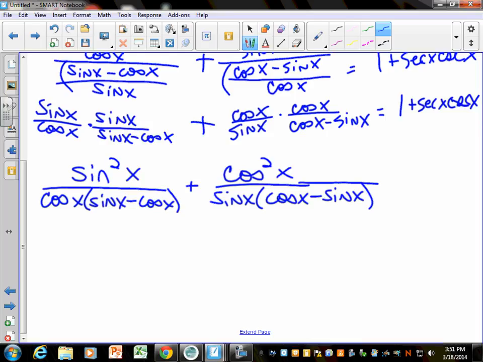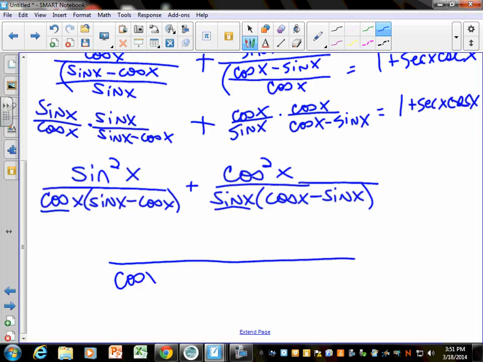So on the top there, I see that sine squared and cosine squared, and I think, oh my gosh, maybe something's going to happen. But when I try to put my denominators together, think about what we need here. I need a cosine, I need a sine for my denominator if I'm going to add these together with a common denominator.